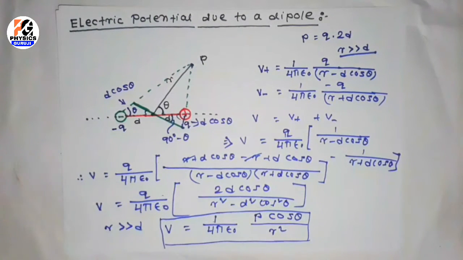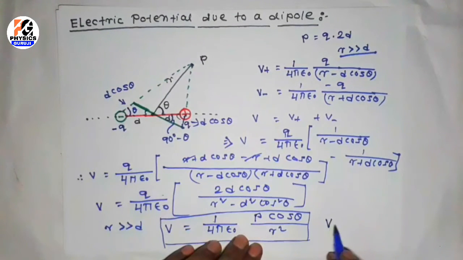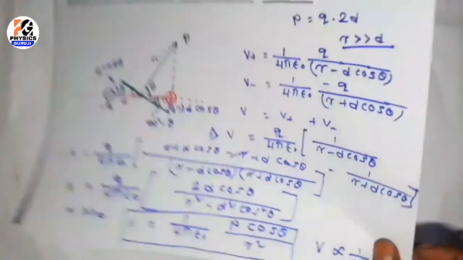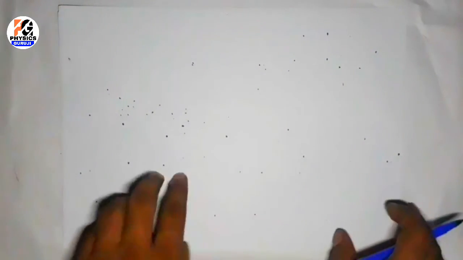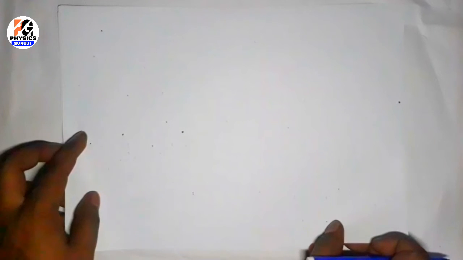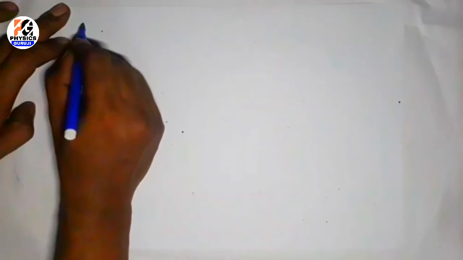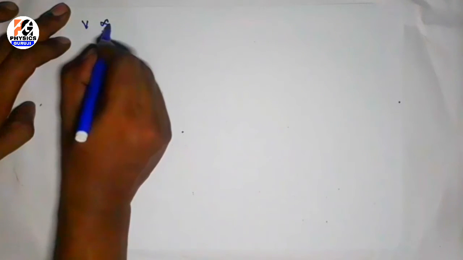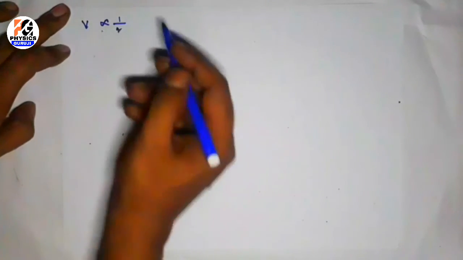Here is an important point to remember: the potential due to a dipole V varies with distance as 1 by r square, and you know that the potential due to a point charge varies as 1 by r.